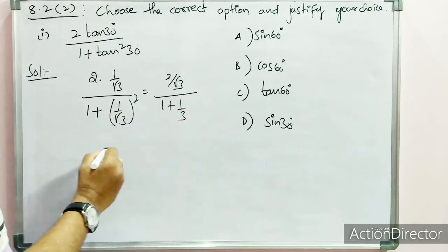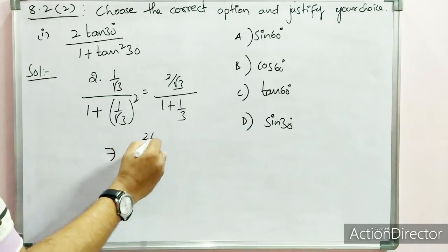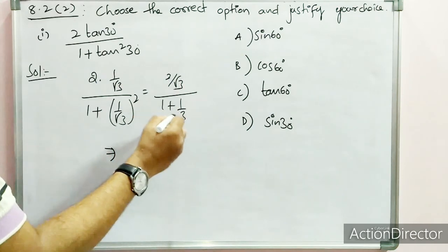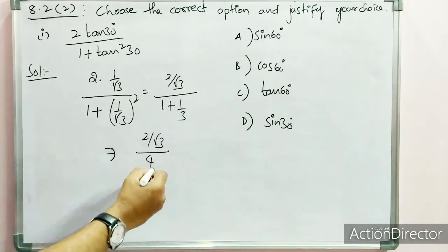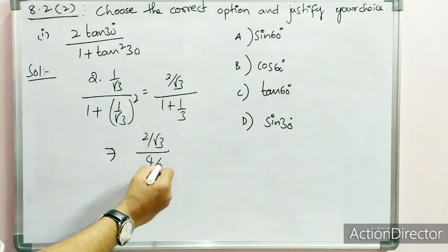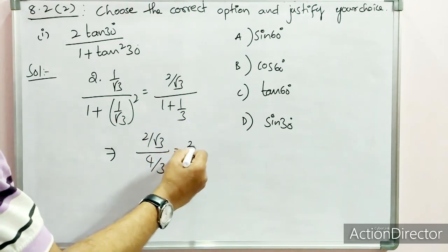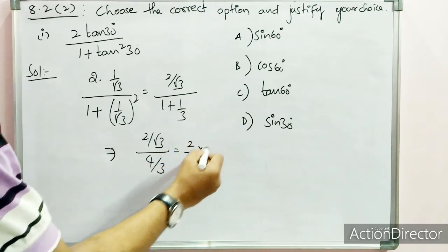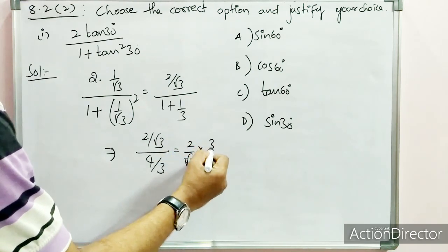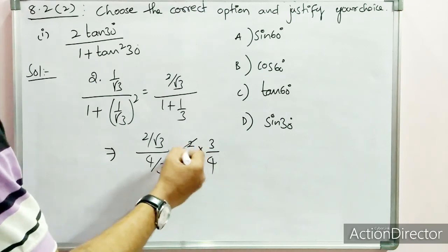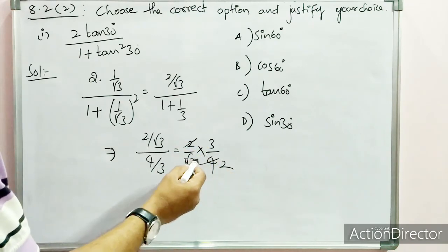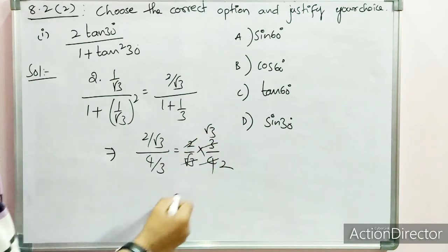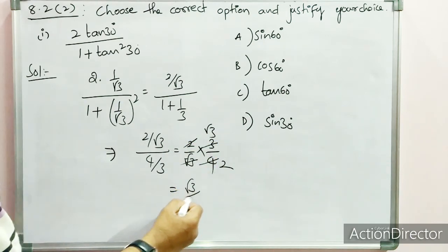If I take the LCM, you see that is 2 by 3 numerator, and this will be 3 plus 1, 4 by 3. So this I can write 2 by root 3 into, write the reciprocal, 3 by 4. So it will become 2, 2s cancel, and root 3 times. So the answer will become root 3 by 2.